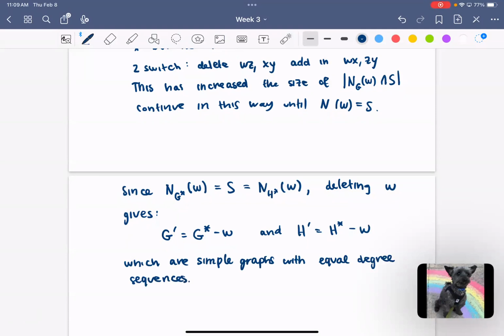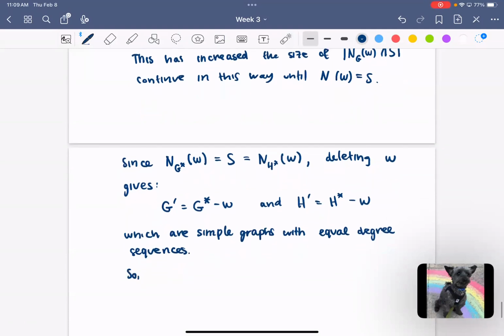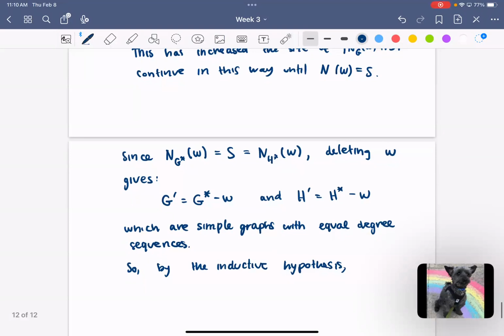So by the inductive hypothesis, there are two switches that transform G prime into H prime.